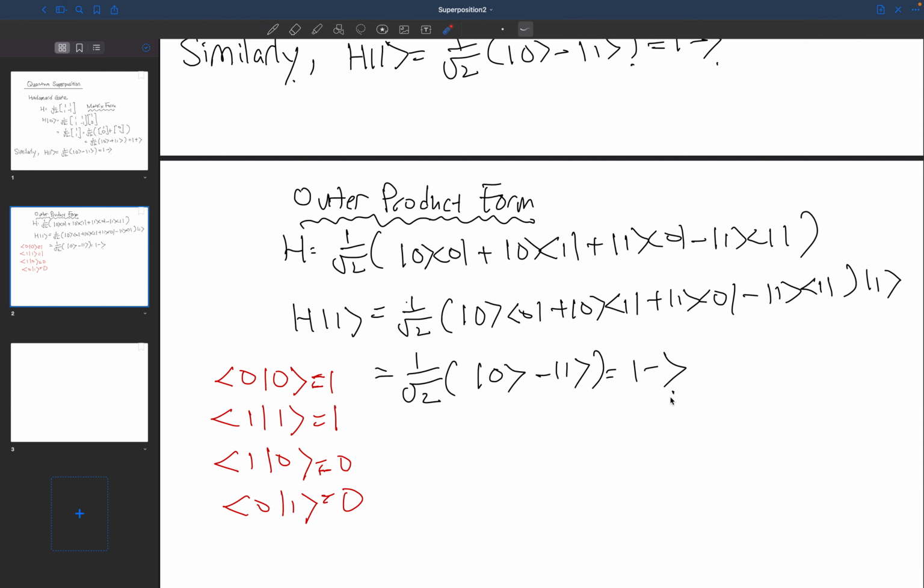Let's go to the code to see how to perform the Hadamard gate.